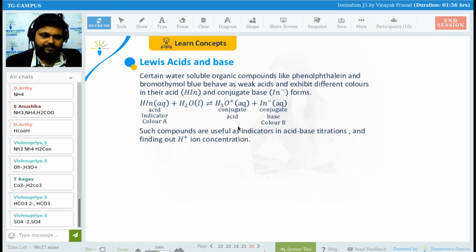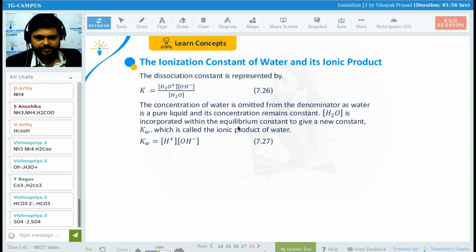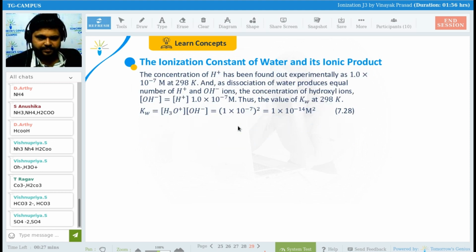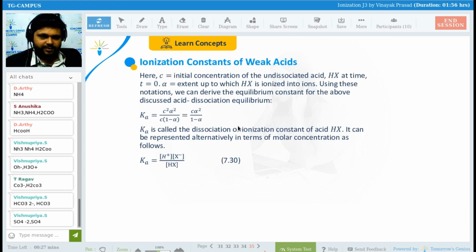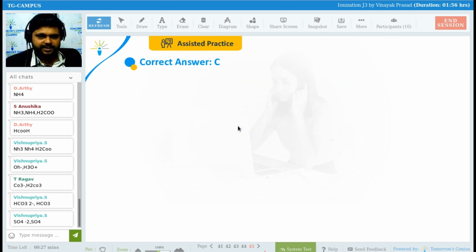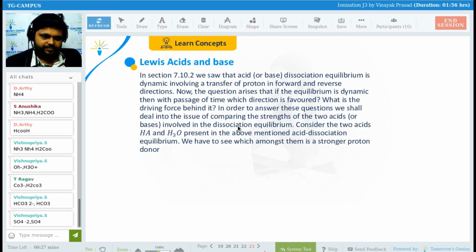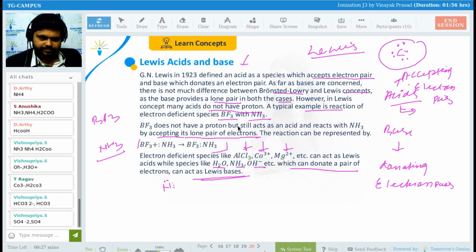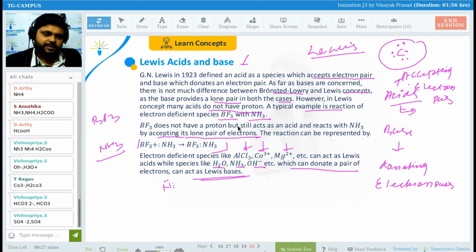Can you please tell me, guys? Anyone, guys, please tell me. What are this Lewis acid and Lewis base? Nobody is saying it. Just a minute.